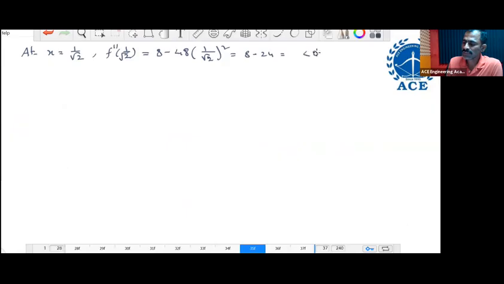This is negative. So the function will have maximum. Therefore, x equal to 1 by root 2 is a point of maximum.